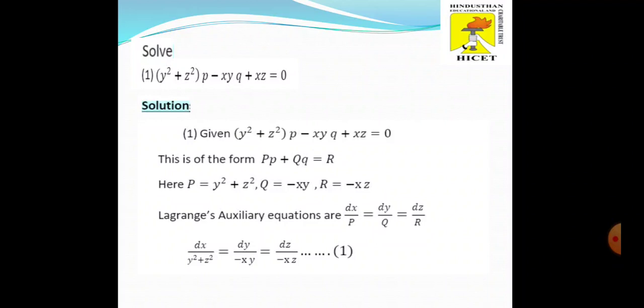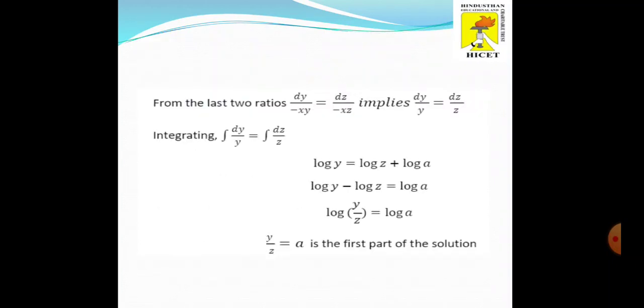by minus xz. Already in the previous video we have seen how to solve the Lagrange's linear equation by the method of grouping. Now considering the last two ratios by grouping method, we can solve as dy by minus xy is equal to dz by minus xz.